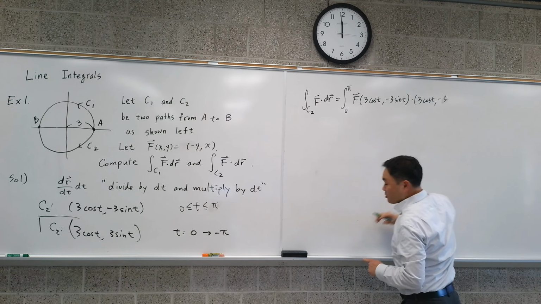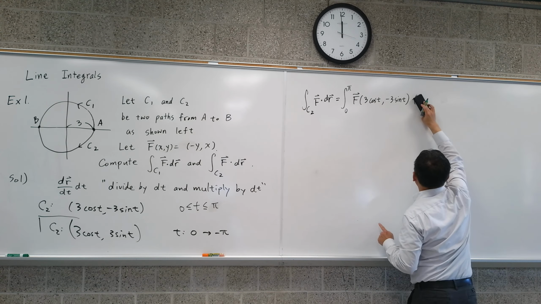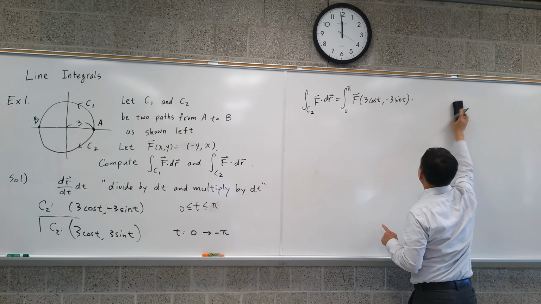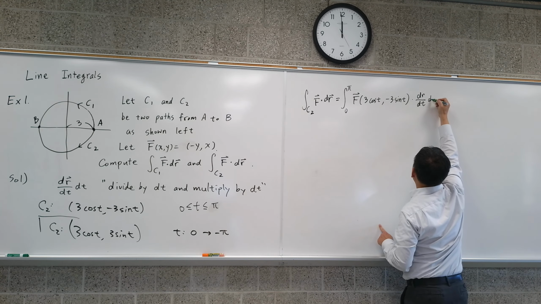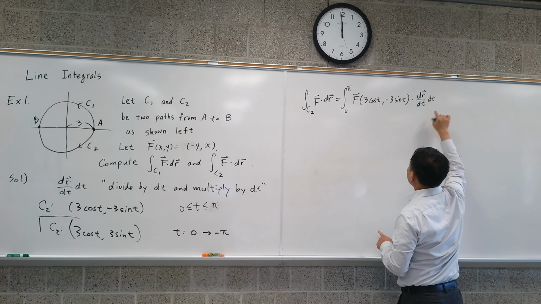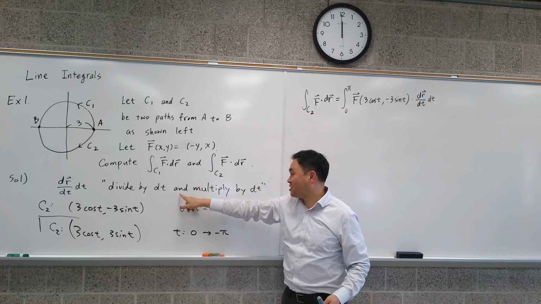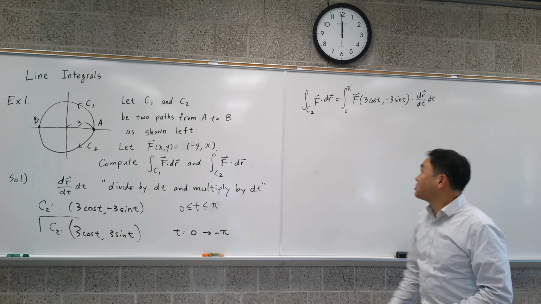Oh, no, that's not right. What am I saying? Sorry. We should be doing dr over dt. Yeah, this trick, divide by dt and multiply by dt, okay? So we should do that.